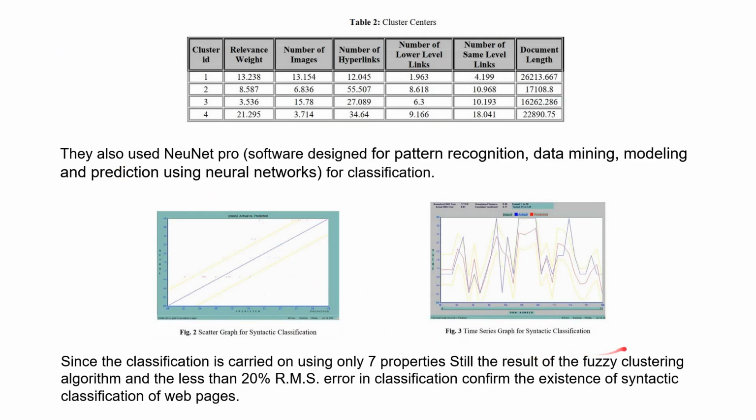Still, the result of the fuzzy clustering algorithm had less than 20% RMS error, which is a huge achievement, because classification confirms the existence of syntactic classification of web pages. You can see the blue ones were the actual values that they received, and red was the predicted, the theoretical value. So only 20% was the error.